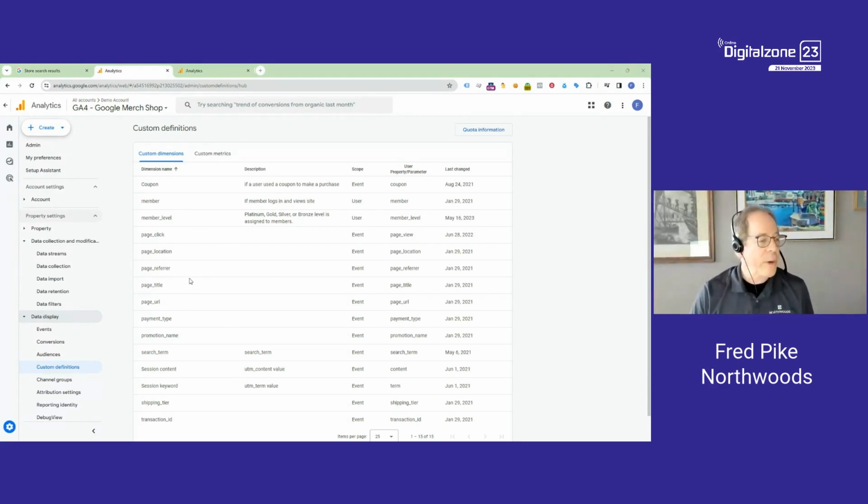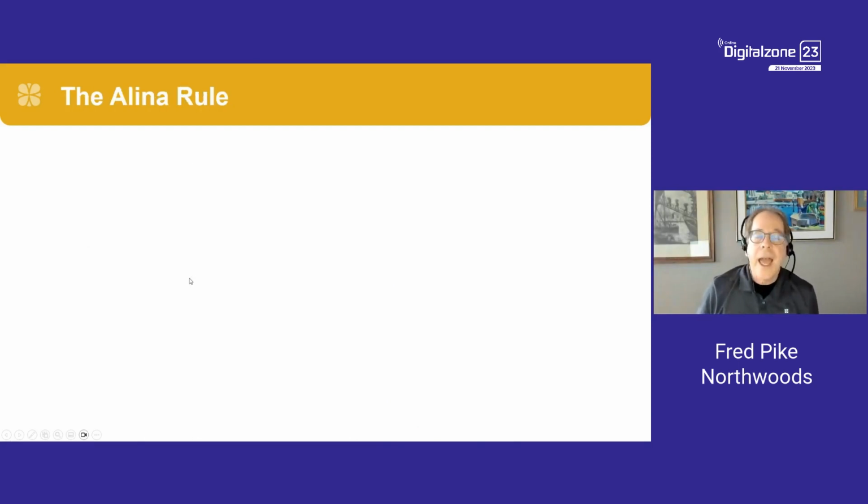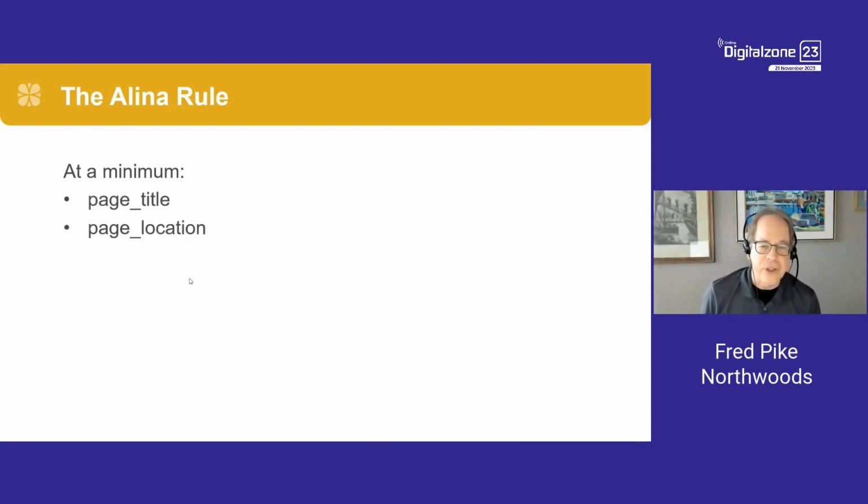Now, back to our deck here for a bit. There's something additional that I want to have you add in that custom definition. I call this the Alina rule, and we'll see in a little bit why it's called that. At a minimum, if you do nothing else in those custom dimensions, add the page title and add the page location. Now, why would you want to do that?